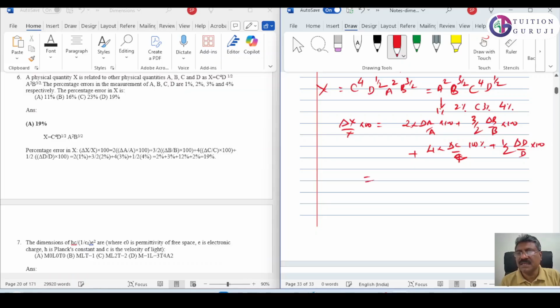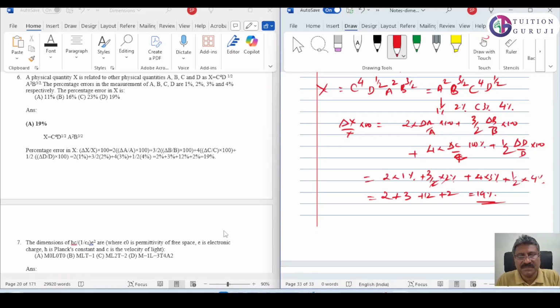So A is 1%: 2 into 1% plus 3 by 2 into 2% plus 4 into 3% plus half into 4%. What will be the result? 2 plus 3, the 2 and 2 cancel, then plus 12 plus 2. So 5 plus 12, 17, plus 2, 19%. The answer is 19%.